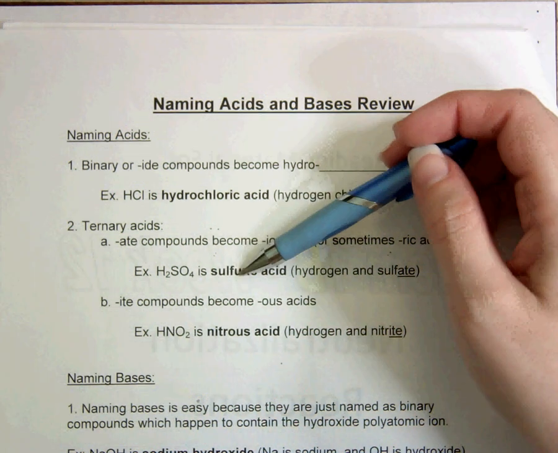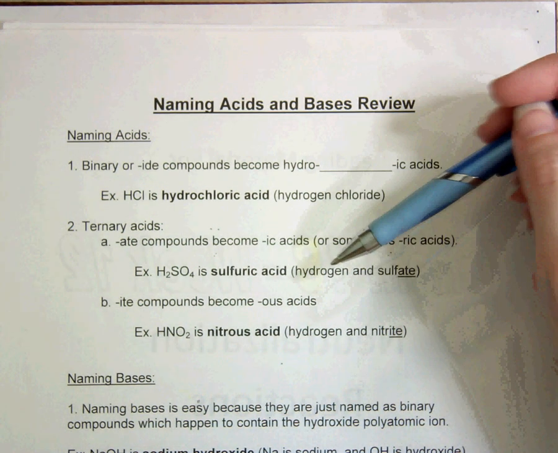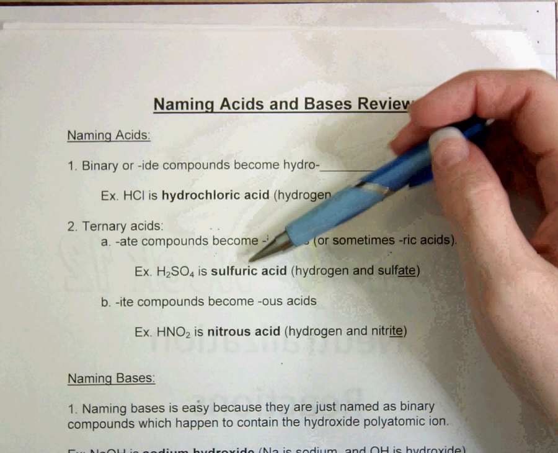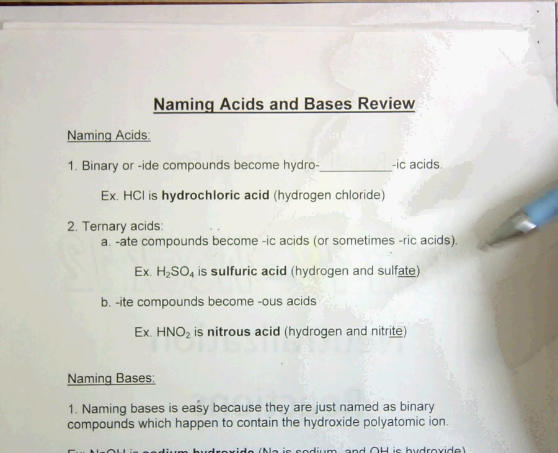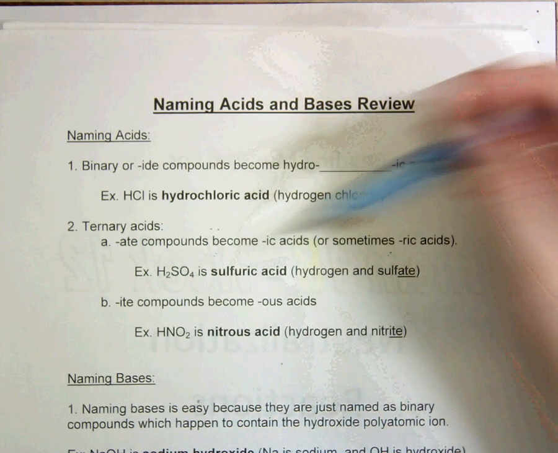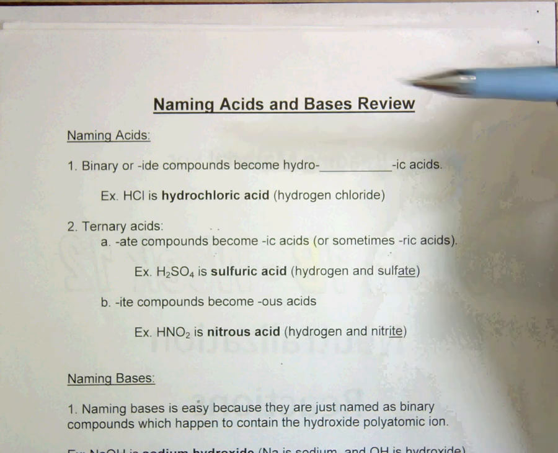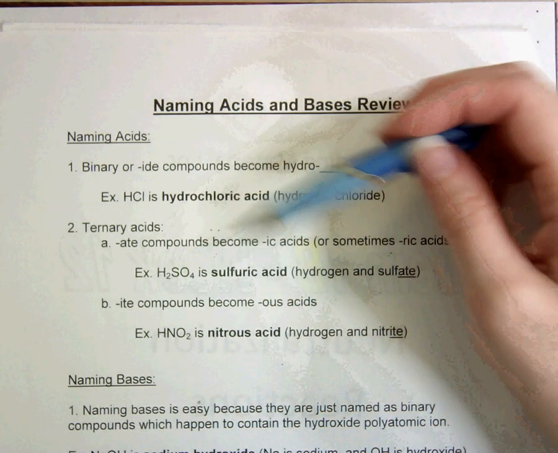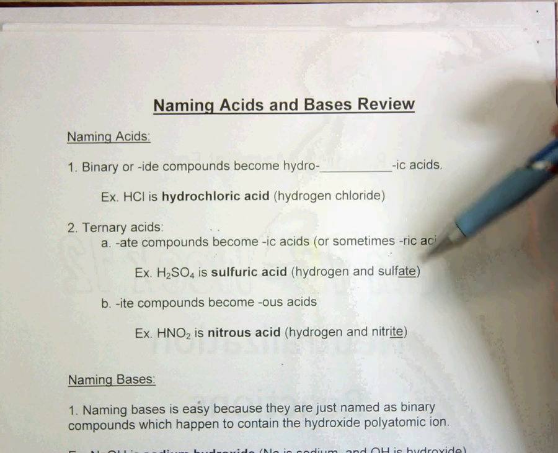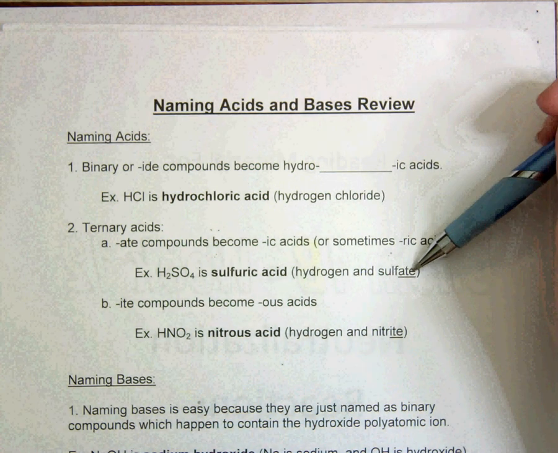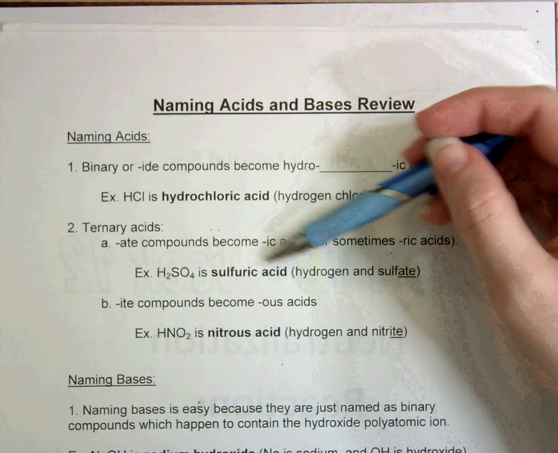So for sulfur and phosphorus, those two are exceptions to the rule where you don't just add the ic, but you do also add in a couple extra letters just to make it flow better. So H2SO4 became sulfuric acid because sulfate, the ate ending, becomes ic.